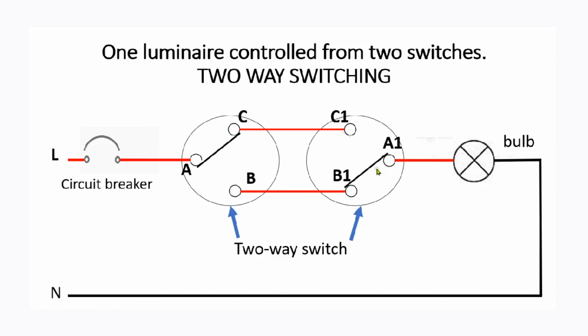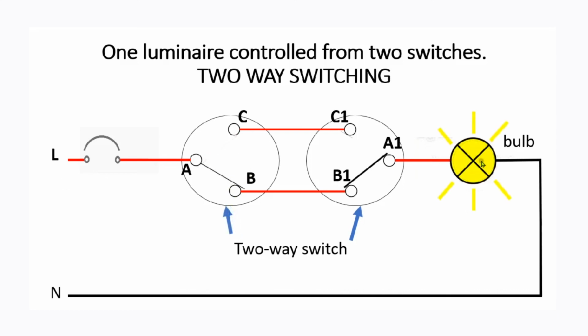Let's go and see if I can move that switch again. If I bring that switch back up to C1, the bulb comes on. If I switch off again, that bulb doesn't receive any electricity because there is a gap here. But I can go back to the first switch and now bring that first switch down to B, and the bulb now lights up again. And this is how two-way switches work.